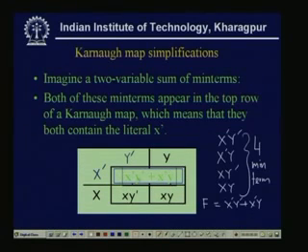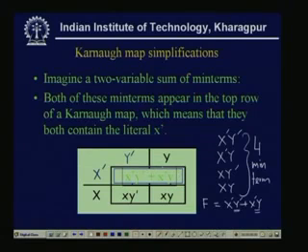As it is the whole row, the other literal y, both its complemented as well as uncomplemented forms, y dash and y, exist in the function. So, they will nullify and only x dash will be there. So, from the table, just by seeing it, I can tell that it will be reduced to x dash.